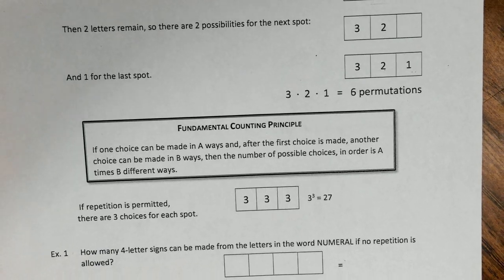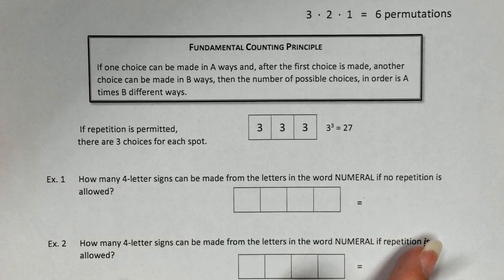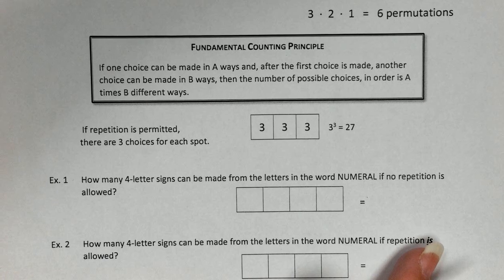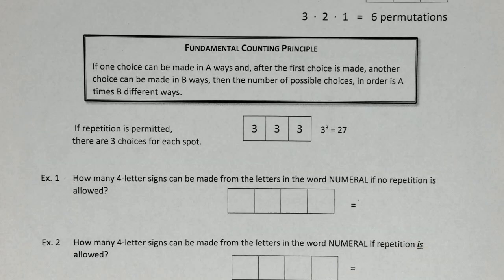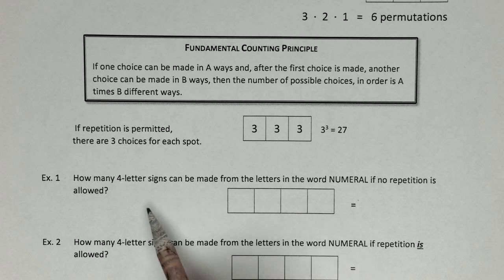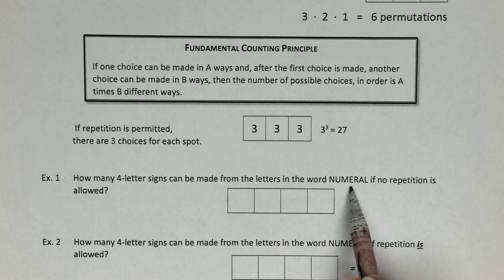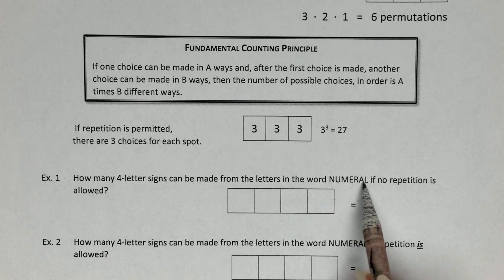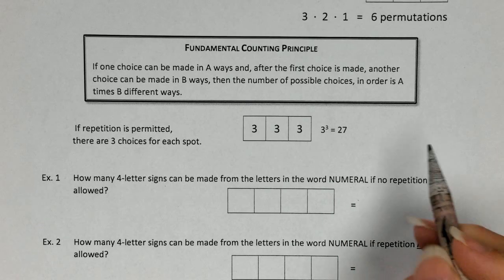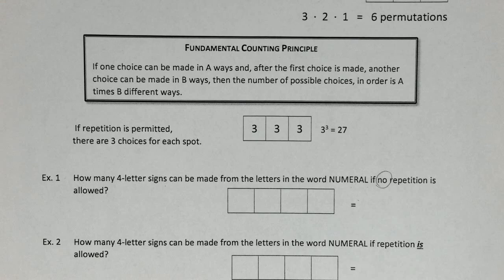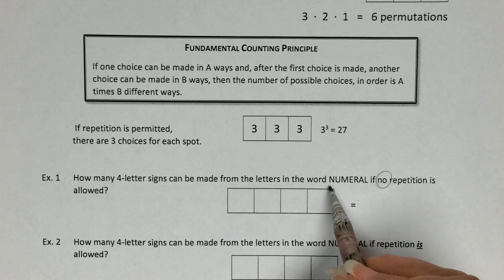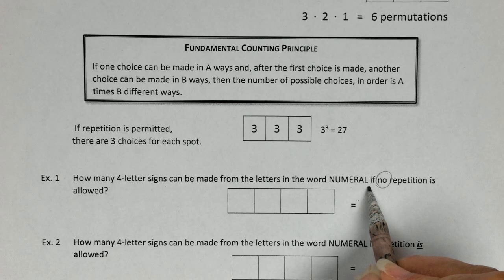Look down here at example 1, and well, this one's different in a couple of ways. How many 4-letter signs can be made from the letters in this word, if no repetition is allowed? All right, so we have 4 spots, but we have more letters to choose from.